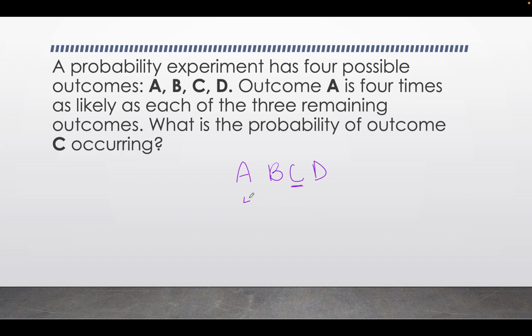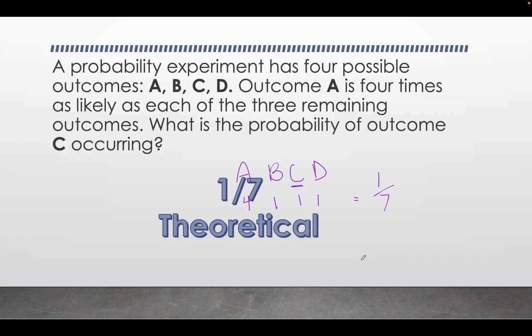If A is 4 times likely, and if we consider all of the other ones as being 1, that is a total of 7 possible outcomes, because that would mean there will be 4 A's and 1 of each of B, C, and D. So there's 7 total possible outcomes, 1 of which is C. That's 1 out of 7. This would be theoretical because we haven't actually done it, and it doesn't necessarily have to occur that way.